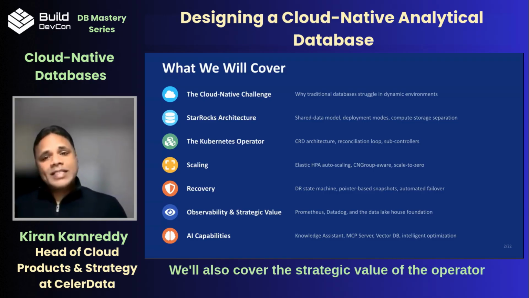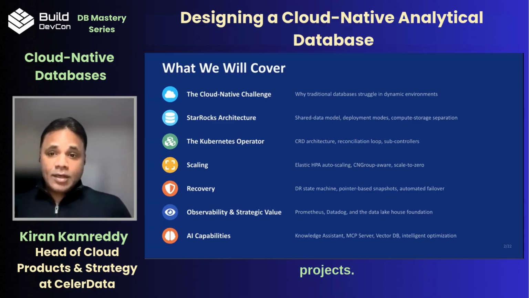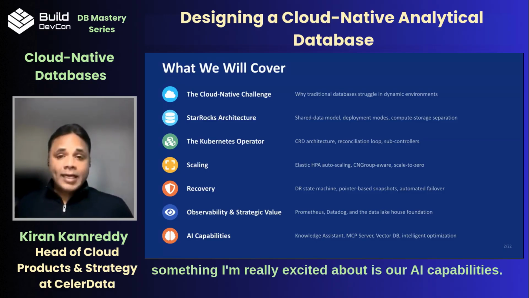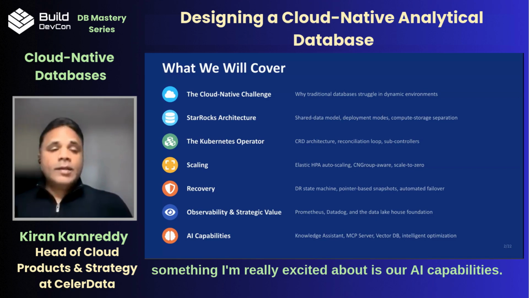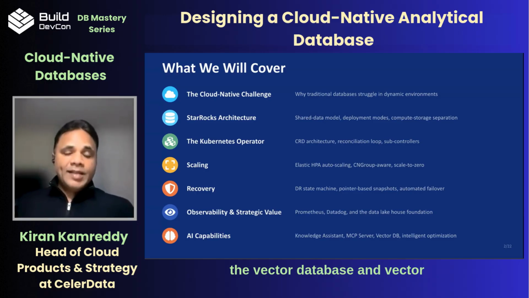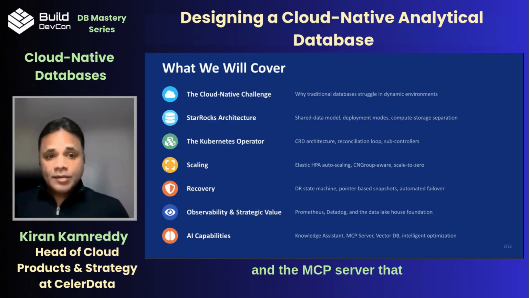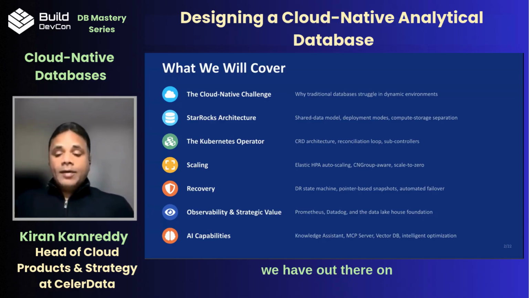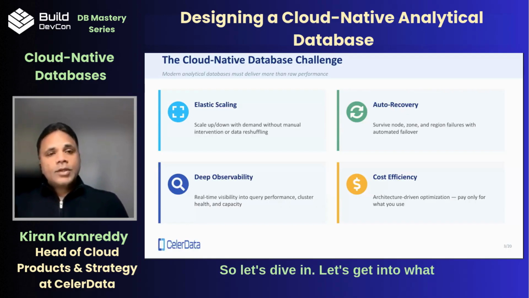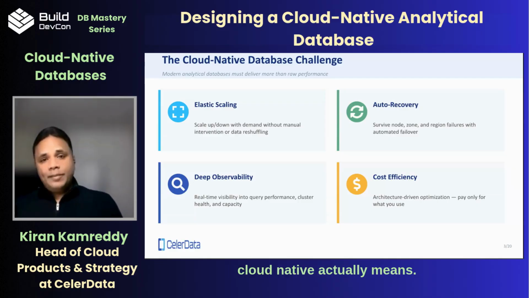We'll also cover the strategic value of the operator as a foundation for your data lakehouse projects. And then something I'm really excited about is our AI capabilities, specifically the knowledge assistant, the vector database and vector search capabilities, and the MCP server that we have out there on our GitHub. So let's dive in. Let's get into what cloud native actually means.